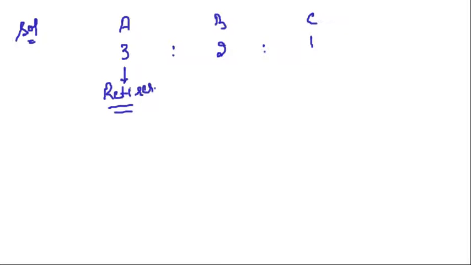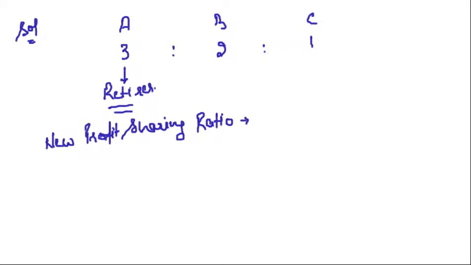Now I told you that to calculate the gaining ratio, you need the new profit sharing ratio. Can you tell me what will be the new profit sharing ratio in this case without any calculation? We studied in the very first lecture of retirement how to calculate the new profit sharing ratio when we are given only the old ratio and it is given that one of the partners retires.